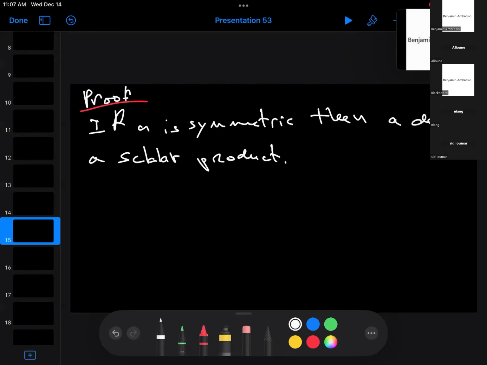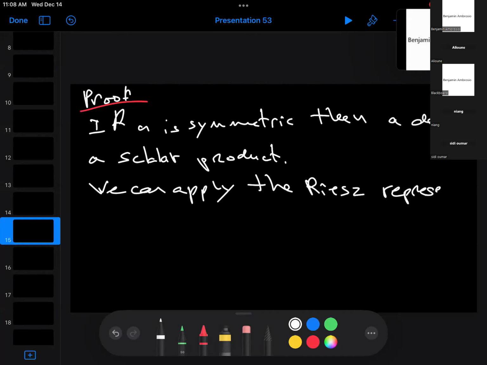So we can apply the Riesz representation theorem to this scalar product.